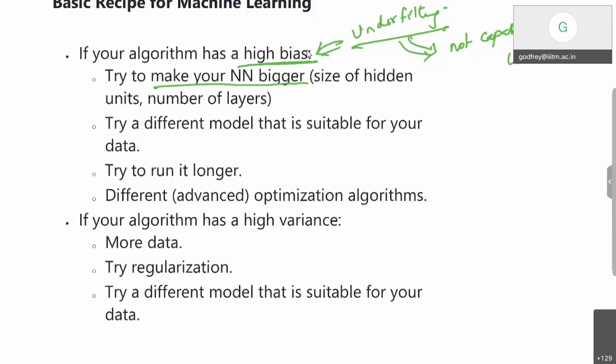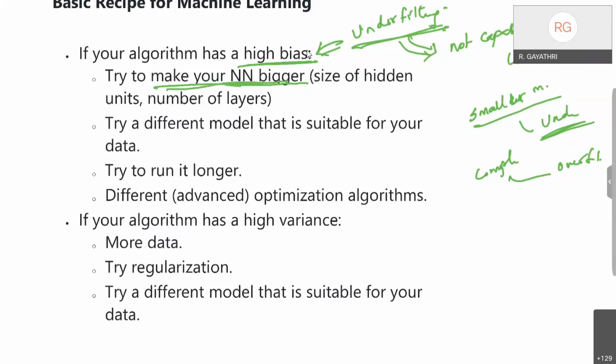So smaller models always underfit, and complex models may overfit. So we can say that if you want to come out of underfitting, then one solution is to increase the size of the hidden units, increase the number of layers.